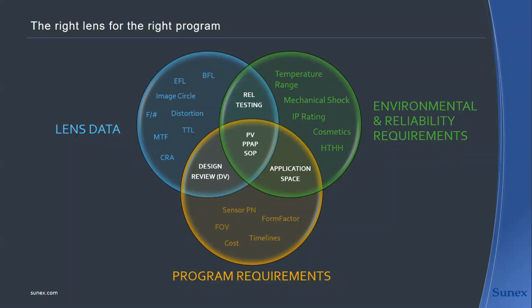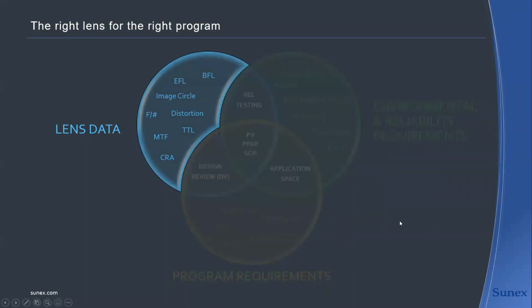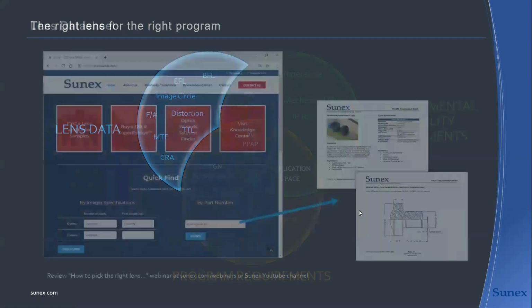So all those things eventually have to come together, and together they will determine which is the right lens for the right program. What we want to do today is focus more on the lens data side, on the early stage. If you have a couple of different choices, what are key data and key parameters you should look at to filter it further down and to be very efficient in this selection process.